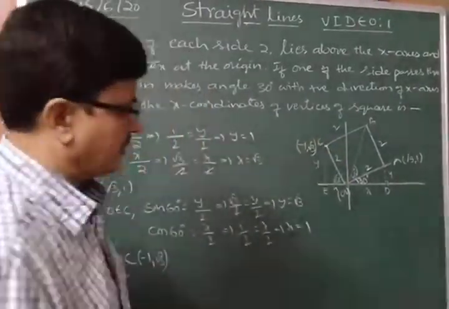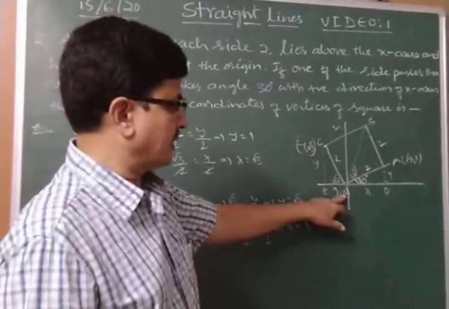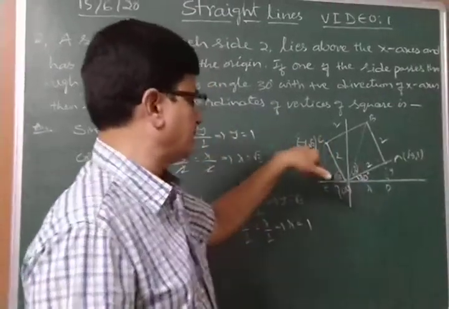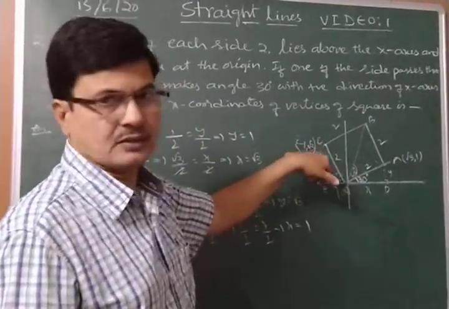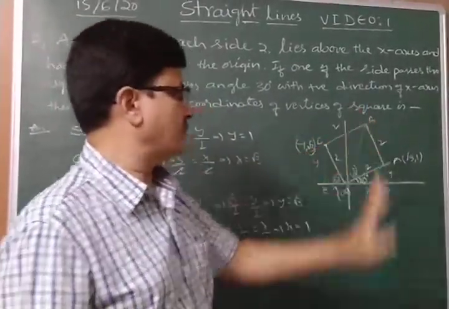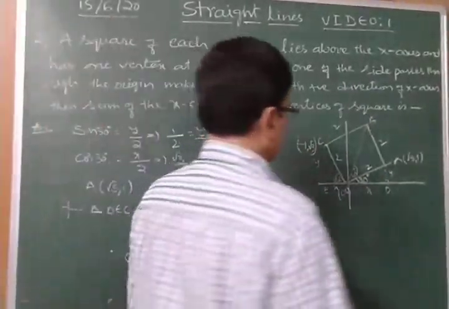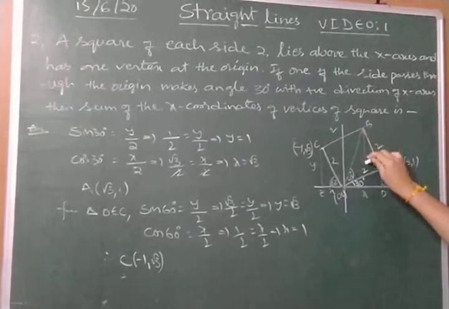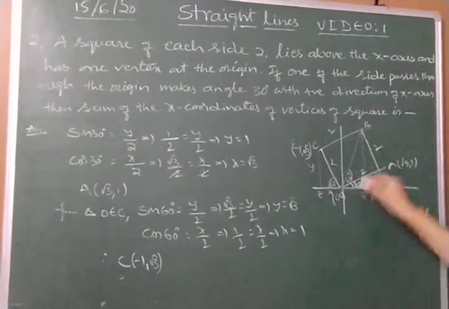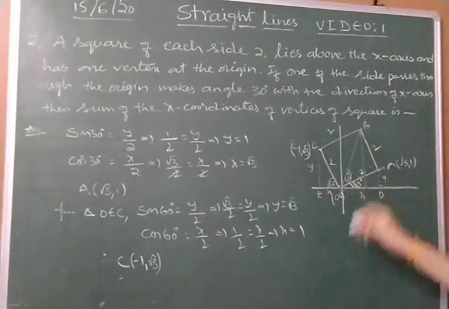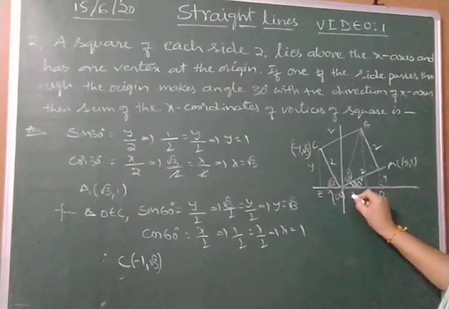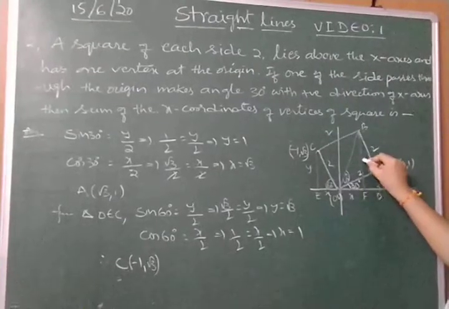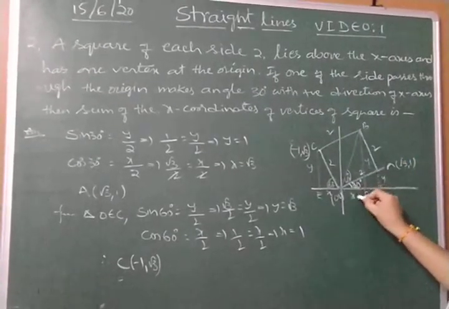And we know that here x coordinate 0, y coordinate 0; here x is root 3, y is 1; here x is -1 and y is root 3. And we require another vertex B. Taking a perpendicular from B to the x-axis, this is taken as F. BF is equal to y and OF is equal to x.